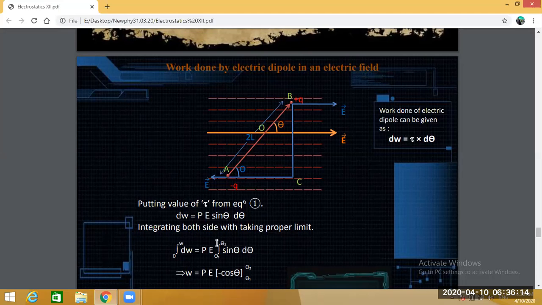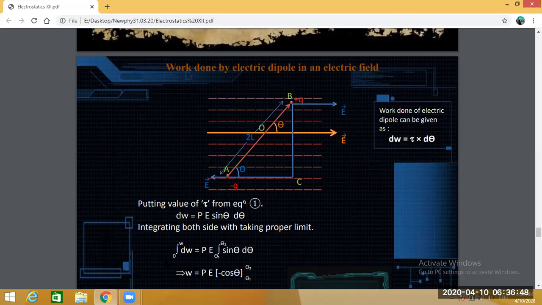And now we integrate, because theta will change and everything else will remain the same. P is the dipole moment and E is the electric field, both uniform and constant, so they can be taken out of the integral sign. The variable is the angle theta, which will change from theta 1 to theta 2, so the lower limit will be theta 1 and the upper limit theta 2.